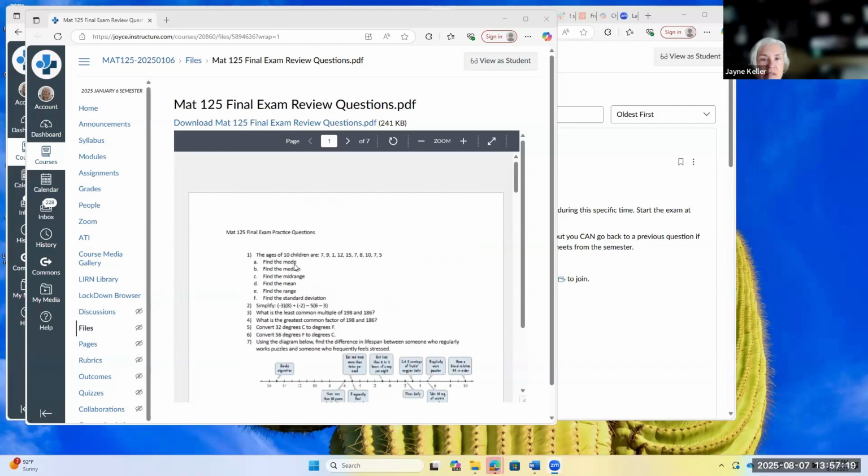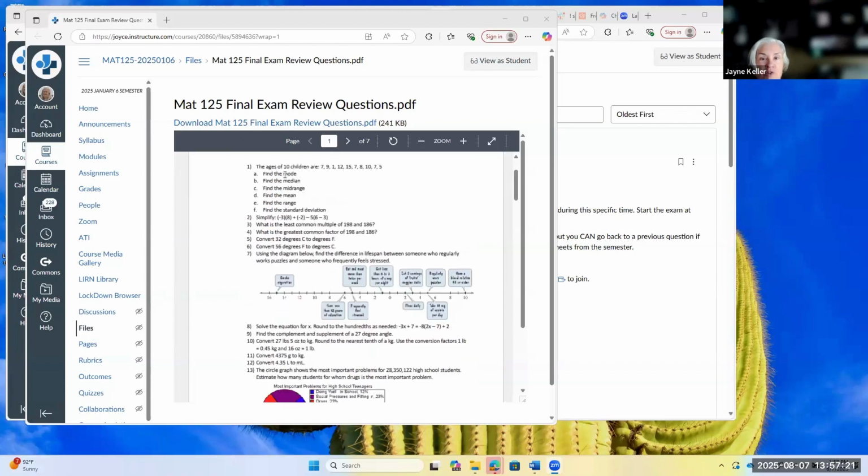All right, so then let's see, we have the first one. The children are 7, 9, 1, 12, 15, 7, 8, 10, 7, and 5. All of these we can do in Desmos.